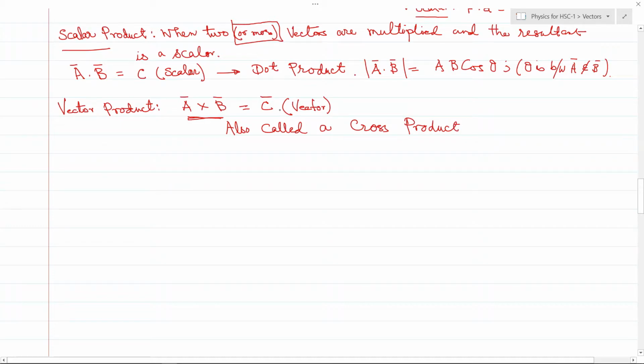That means this resultant C will have magnitude and direction both.